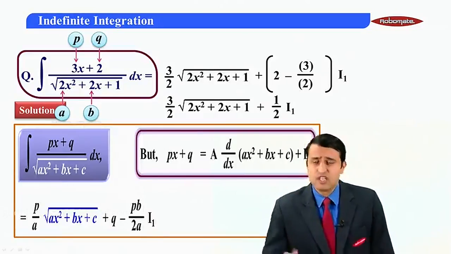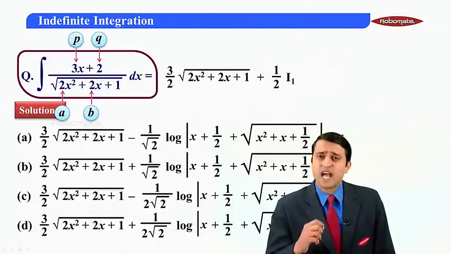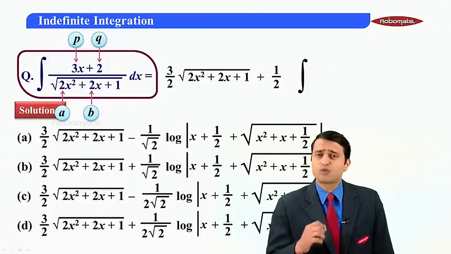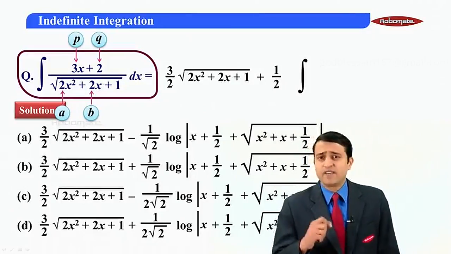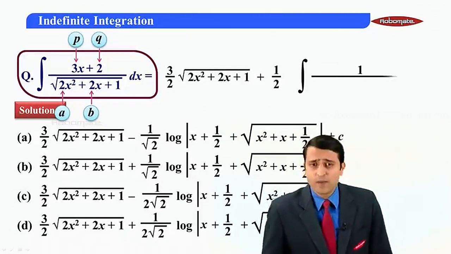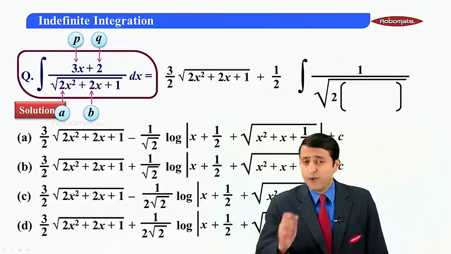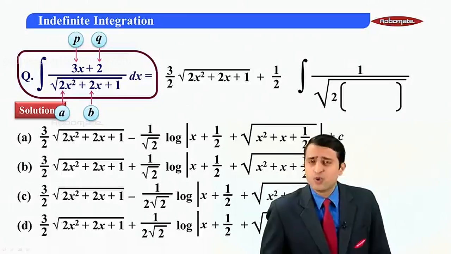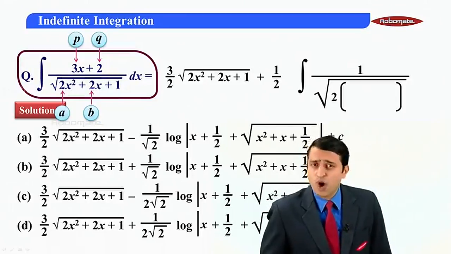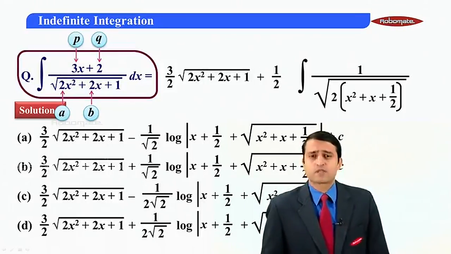Correct my dear students? So let us see how to find I1. Now I1 is nothing but integral 1 upon root of 2x square plus 2x plus 1, which we will write as root of 2 common (x square plus x plus 1 by 2).